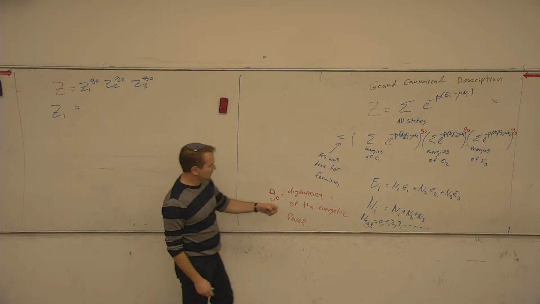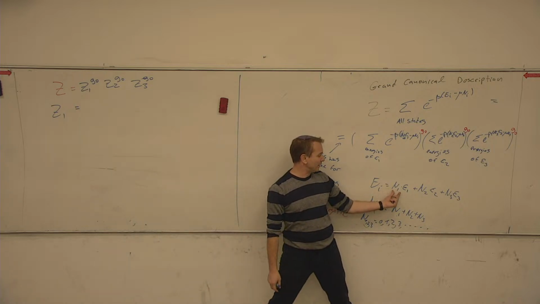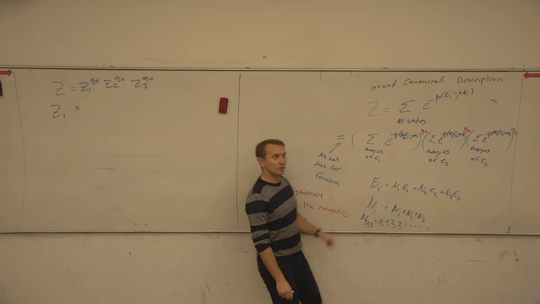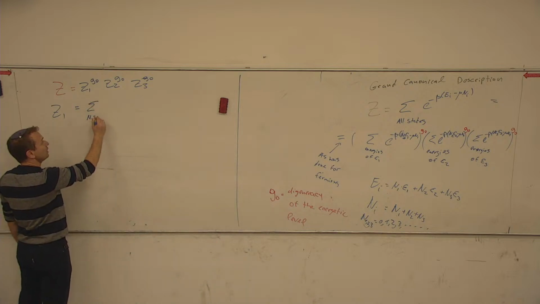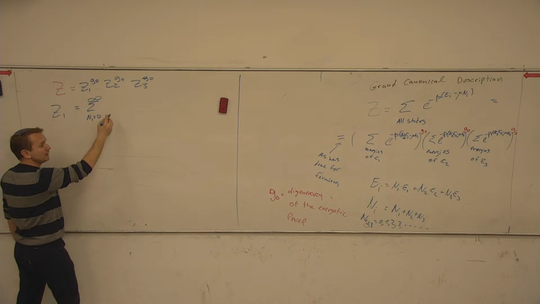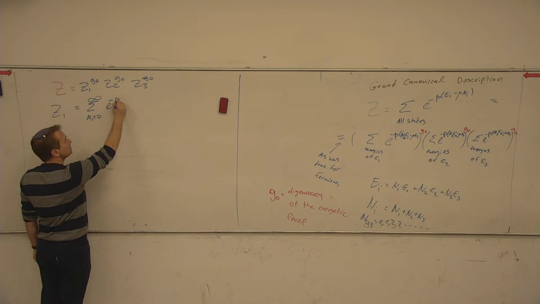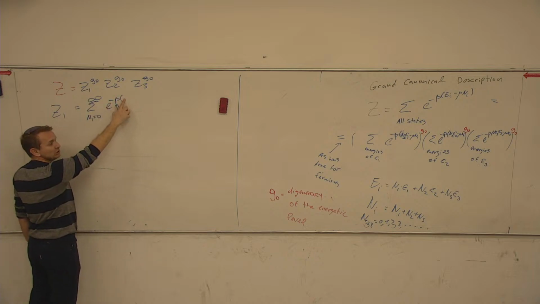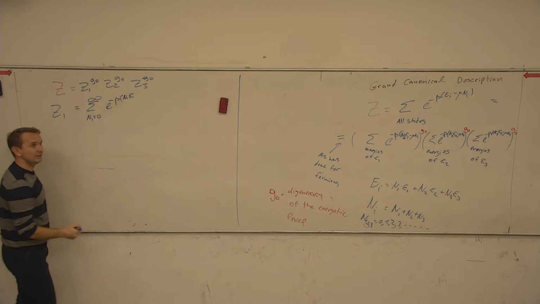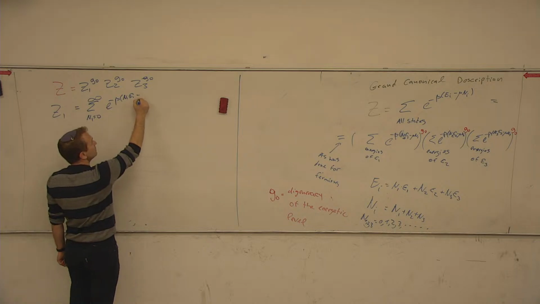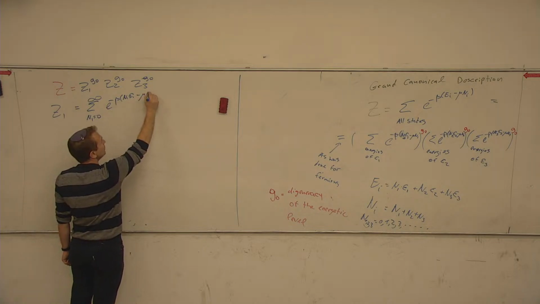Since epsilon 1, or the different energies of epsilon 1, are defined by n1, I can simply sum over n1. n1 goes from 0 to infinity, e to the power minus beta. Here I have the energy, which is basically n1 multiplied by epsilon 1, minus mu n1.